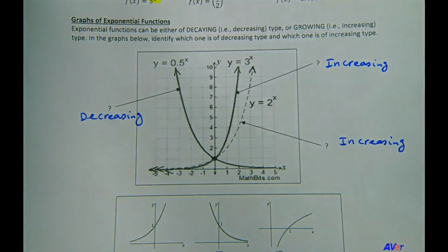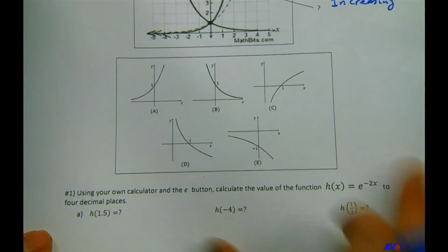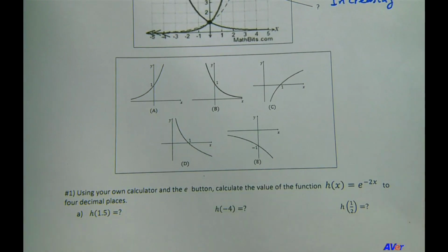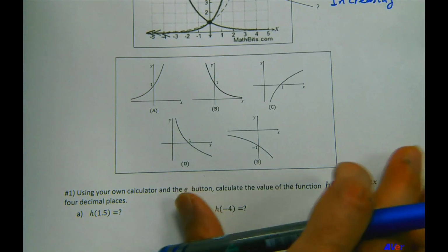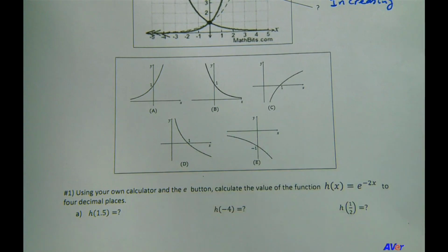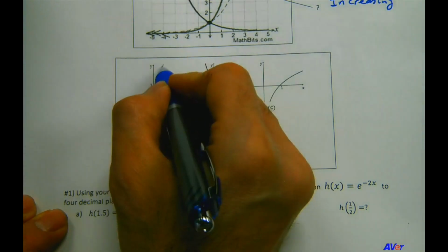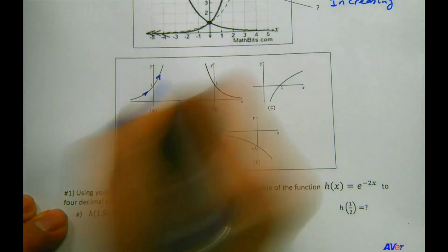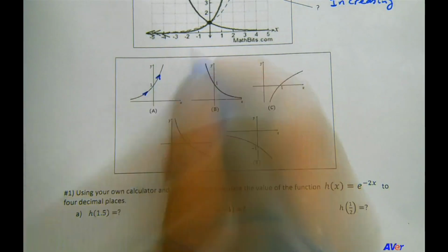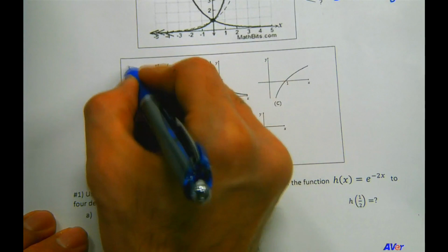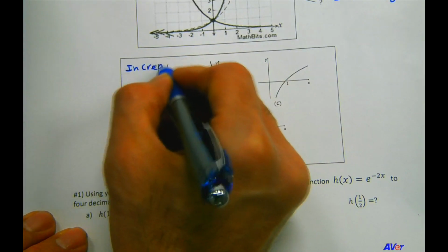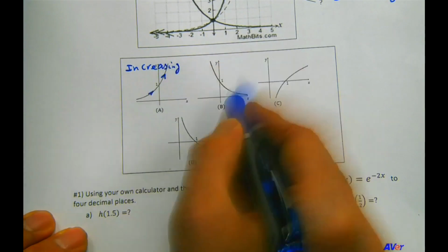Okay, so underneath it we have another set of graphs. I guess they want us to do the same thing. I guess that's what my intention was as I put this on this page, but of course I didn't make that clear. But yeah, let's do that. So this one, what do you think this is? Read it from left to right, going this way, right? It is increasing. So this is increasing. How about this one?